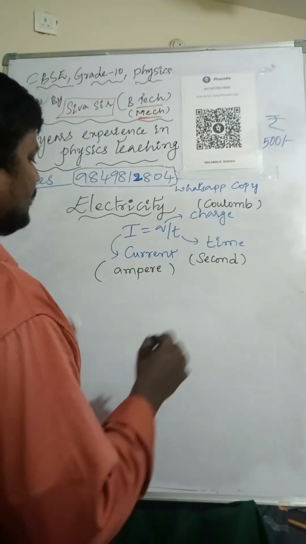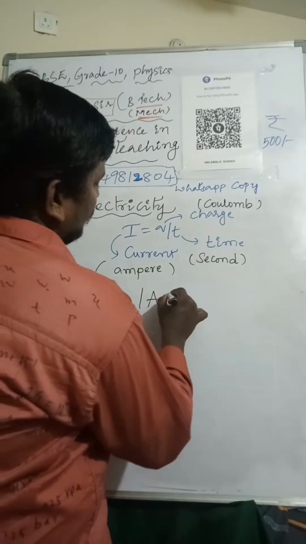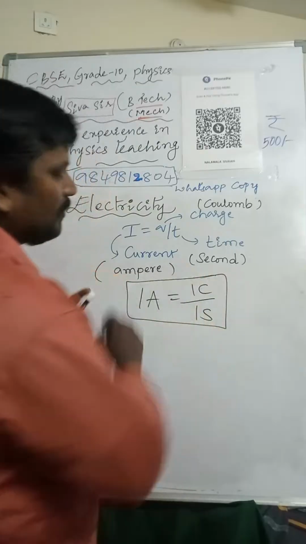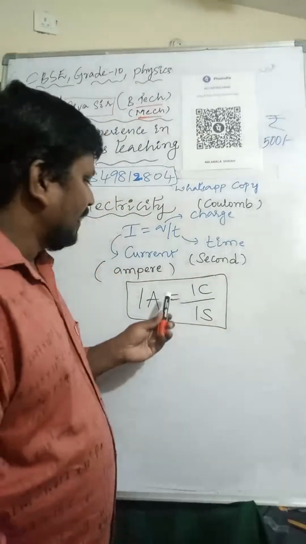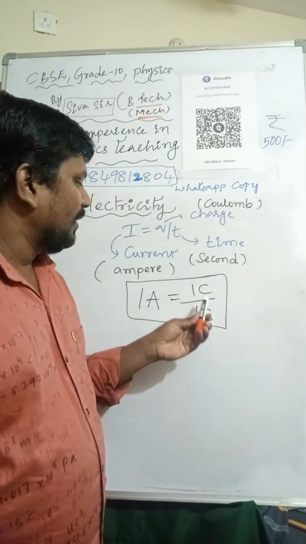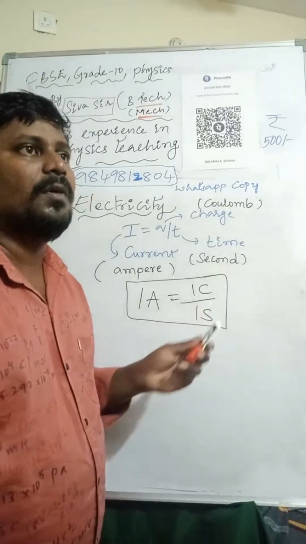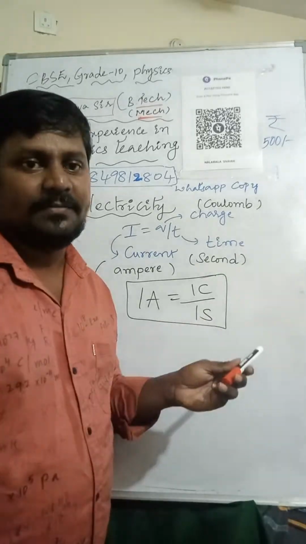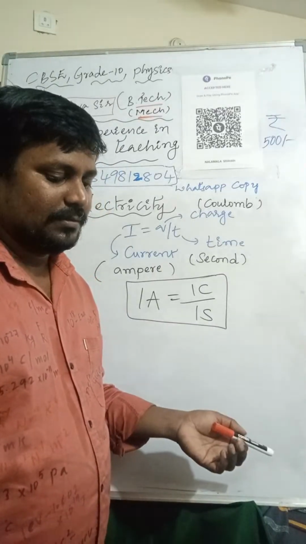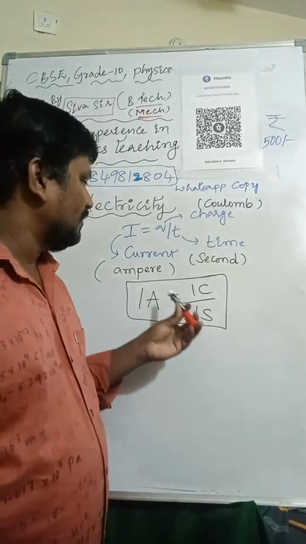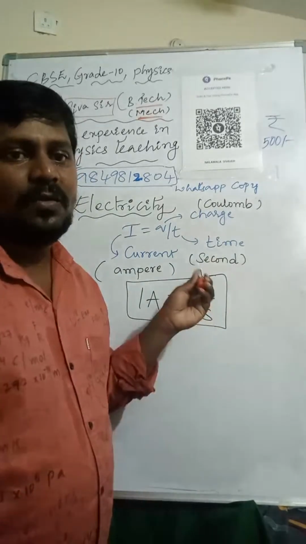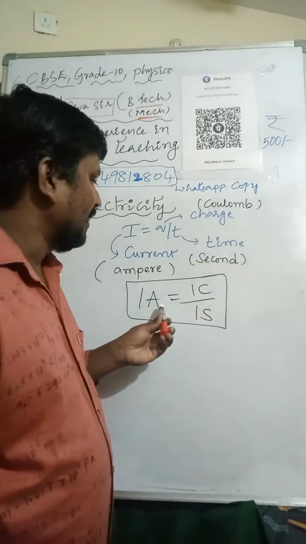Now we can say 1 ampere equals 1 coulomb per 1 second. If they ask you to define the SI unit of current, you have to write that 1 coulomb of charge flowing through a conductor in 1 second is 1 ampere.